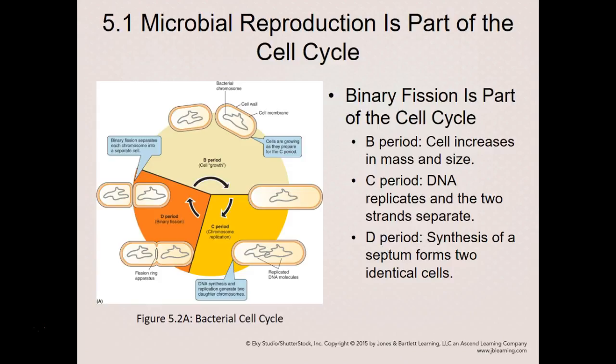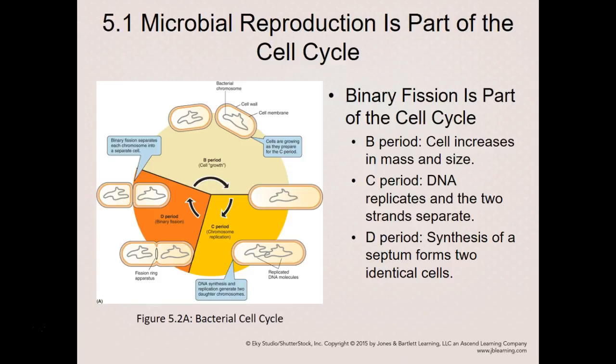So I always like to start by showing this cool picture that shows the bacterial cell cycle. In the eukaryotic cell cycle, we have growth phase 1, synthesis, growth phase 2, and then mitosis. But in the bacterial cell cycle, we have period B, where the cell increases in mass and size, so very similar to our growth phases.